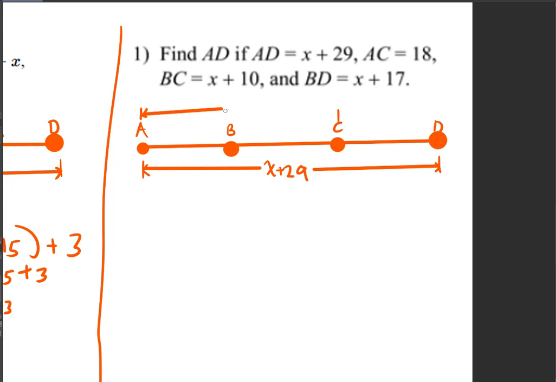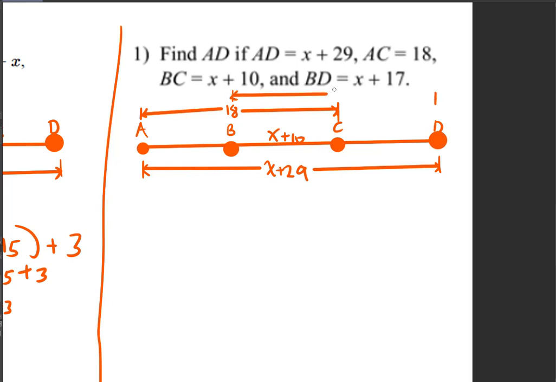I'm choosing to draw them wherever it's not going to be confusing for me, okay? So wherever I have enough room to make it not confusing is where I'm drawing them. So AC is equal to 18. BC, this distance here, is equal to x plus 10, right? And finally, BD, which is the total distance from here to here, is equal to x plus 17.